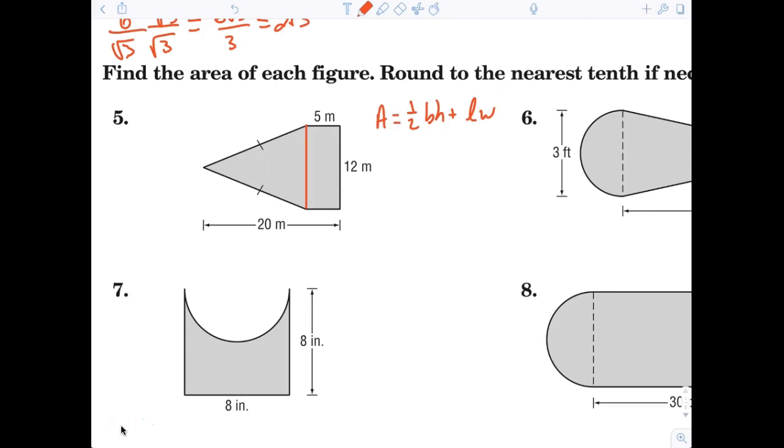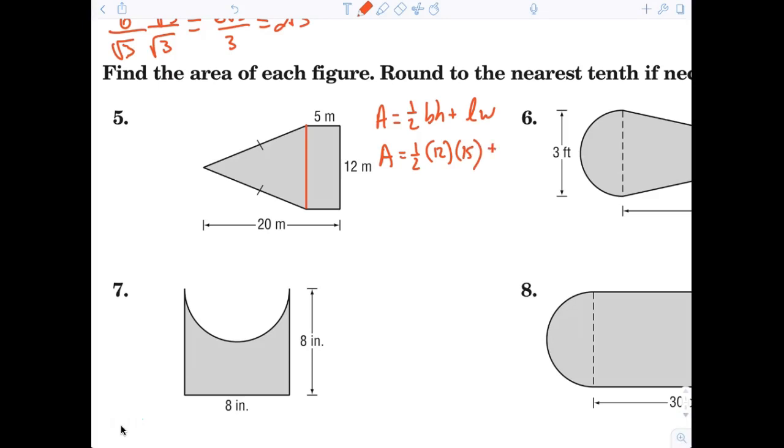All right, I want to see who's thinking. Mental math here. What's the base of the triangle? 12. Okay, now the height. 15. Does everybody see that the height is definitely 15? Yeah.